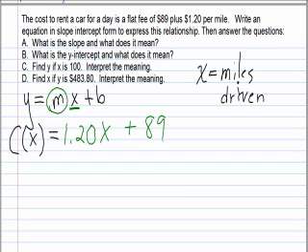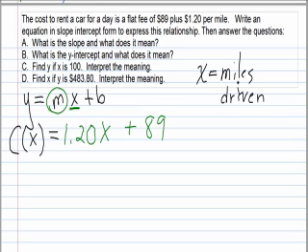It's $89. So here's our situation. We have a flat amount that we start with, $89, and then we go up by $1.20 for every mile we drive. That is your slope-intercept form of the equation. You could actually sketch this graph. The y-intercept would be at 89, and then it would go up slowly $1.20 for every x.